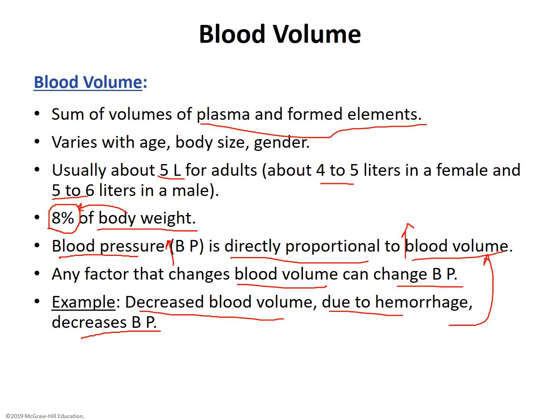If I decrease blood volume and my blood pressure decreases, my body's going to go through a series of reactions to cause vasoconstriction, or a thirst reflex will kick in that makes us want to drink water, all these things to try and counterbalance that and bring the blood pressure back up. Because blood pressure too low is bad as well.